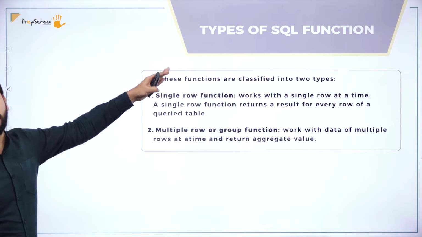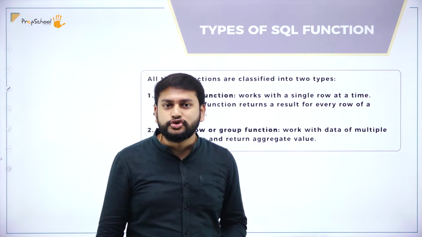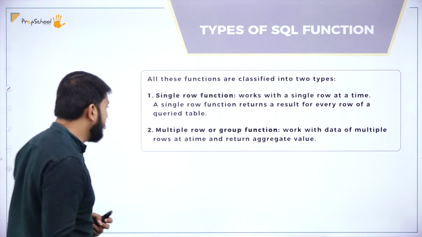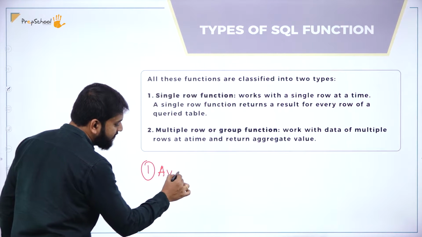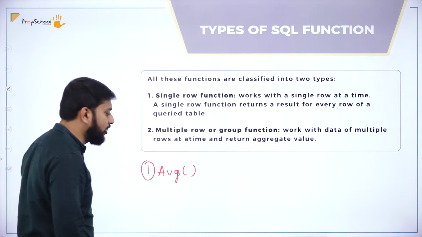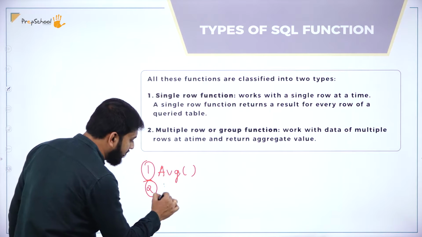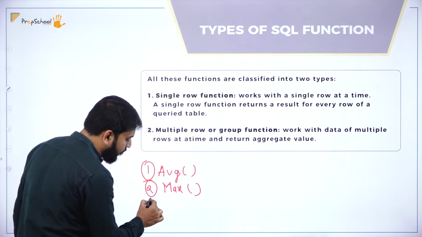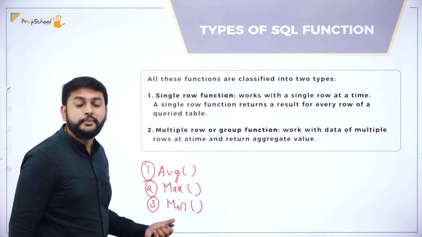Before going to the types of SQL function, let us just recollect what the different aggregate functions are. It's very, very important. The first one that we had is AVG. If you want to calculate the average of the values you have in the column, you will be using average, that is AVG. If you want to find the maximum value, you will be using max. If you want to find the minimum value, you will be using min.